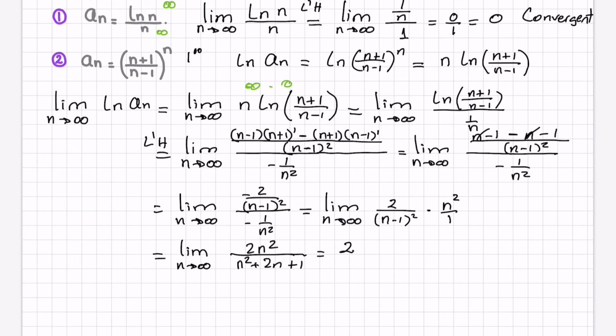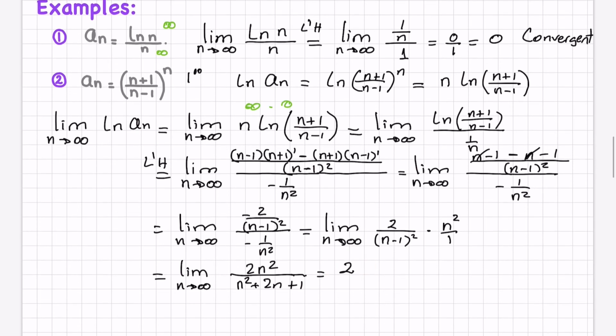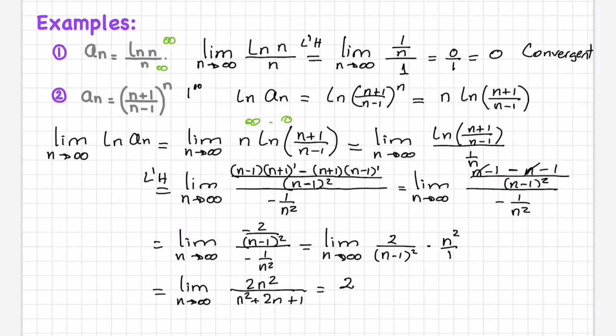Now, e to the x is continuous, right? And let's recapitulate. We're trying to find this limit, right? We needed to bring this down. So for that, we applied ln on both sides. And we found this limit, okay?